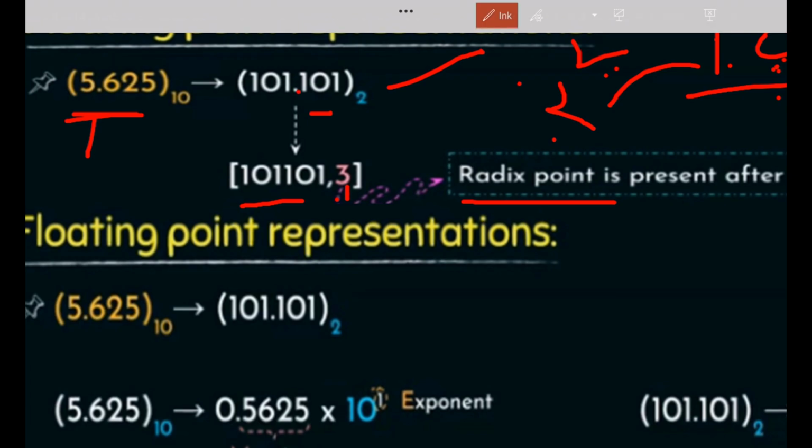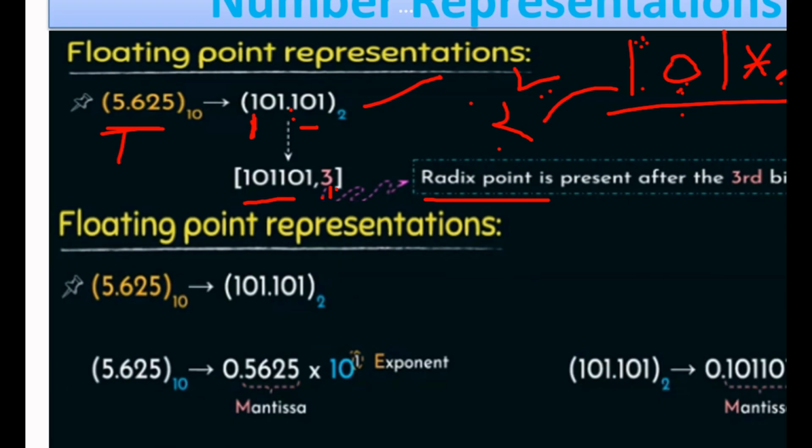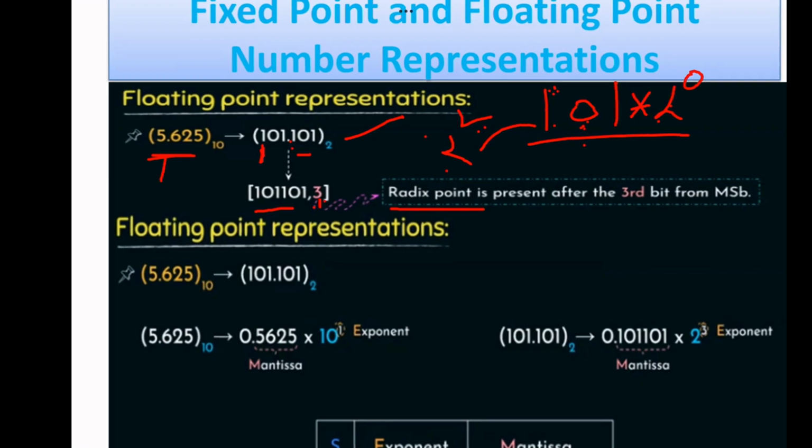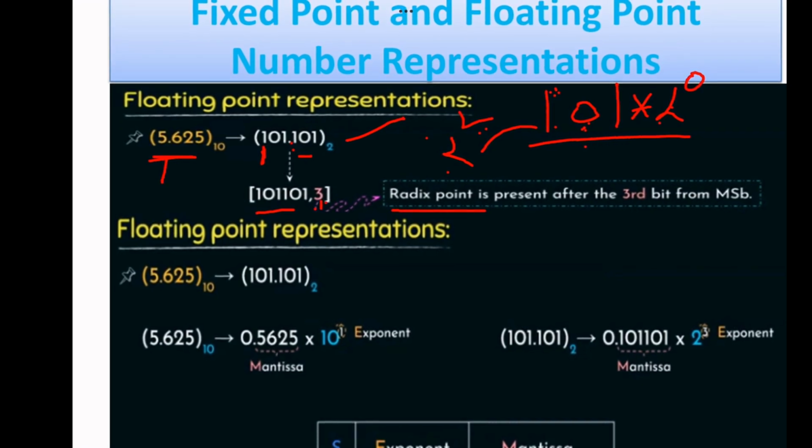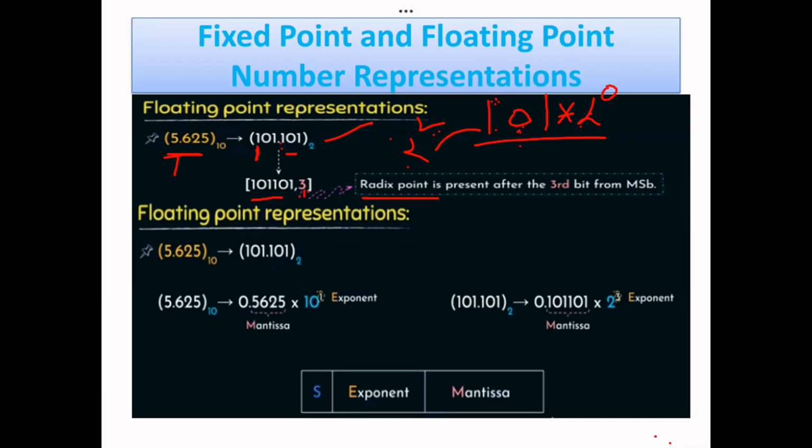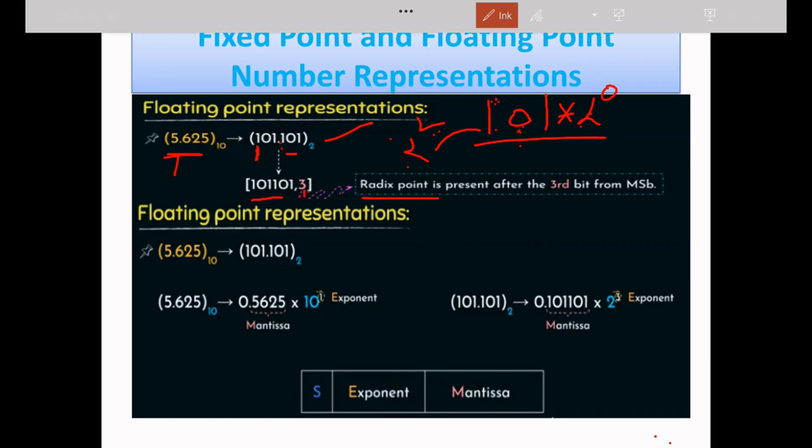This decimal point is present after 3 bits from the first MSB. Your MSB is here, this 1, and after the third place your radix point is available. So the radix point is present after the third bit from the MSB. Now we have a number, and easily you will understand what the floating point representation is.